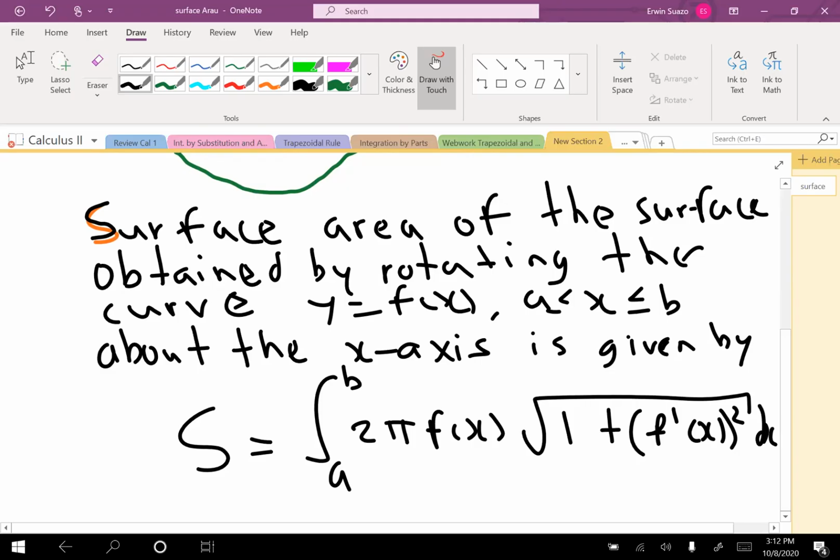So it's almost similar to arc length, but you multiply by 2 pi f of x and then find that integral. I think we can do the example on Tuesday.